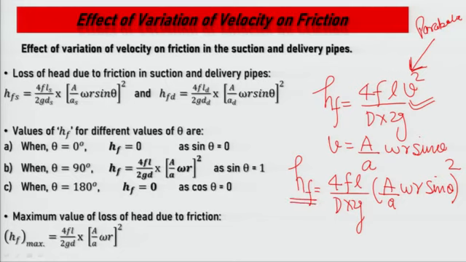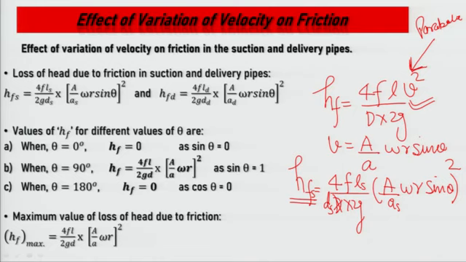If fluid is flowing in a pipe, the major loss is calculated by the Darcy-Weisbach equation, where f is the coefficient of friction and L is the length. This small d does not mean the diameter of a pipe here; we denote it with subscripts for suction and delivery. This one is the suction.